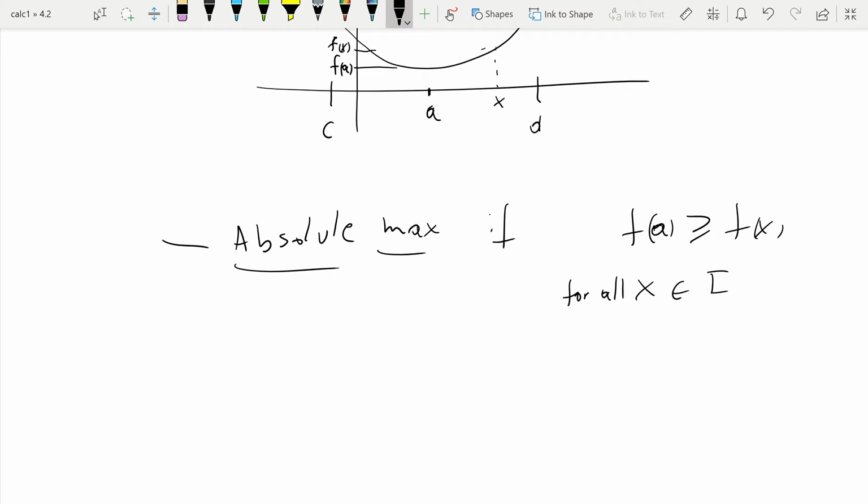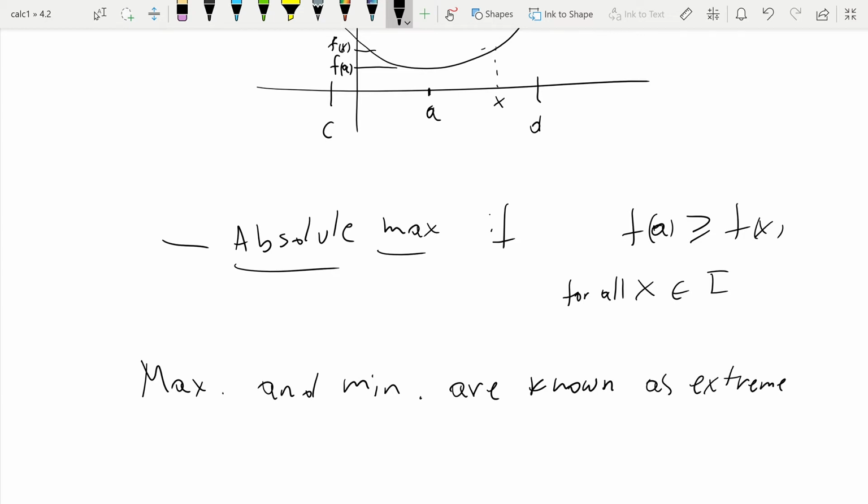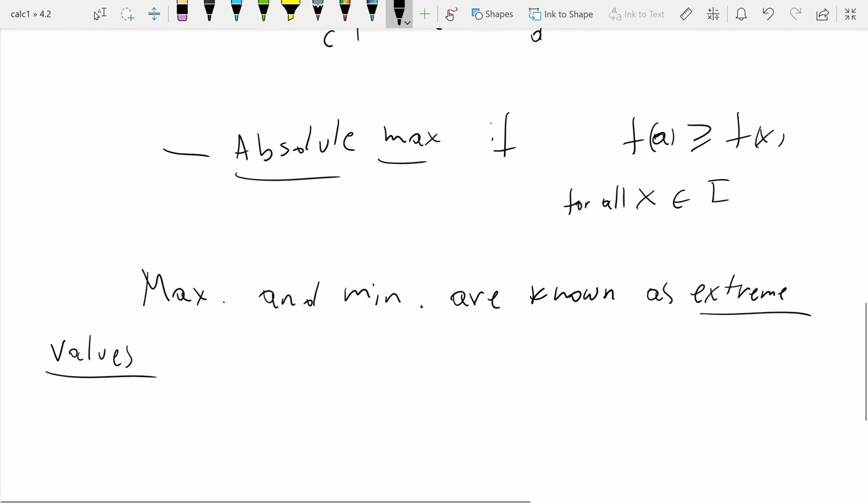and that leads to the naming of the process that we're going to be developing for finding these points. So maxima and minima are known as extreme values. Naturally, the name is kind of clear, so they're extreme.